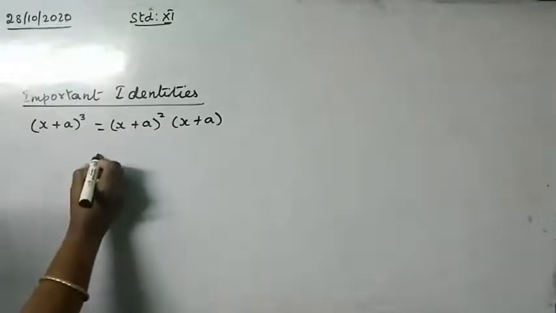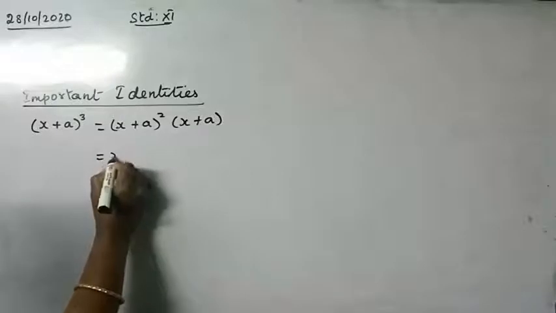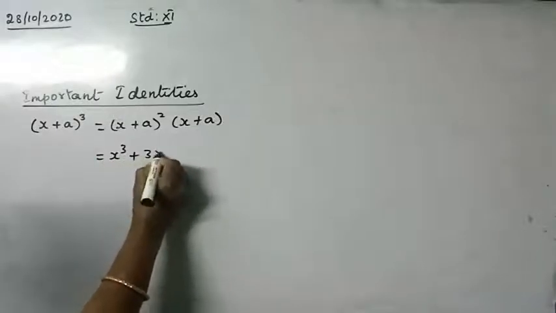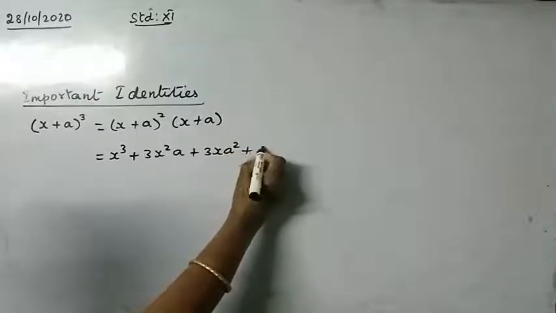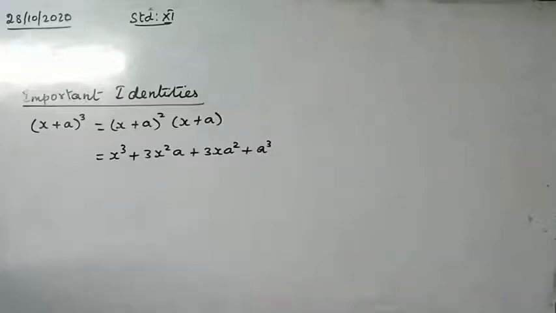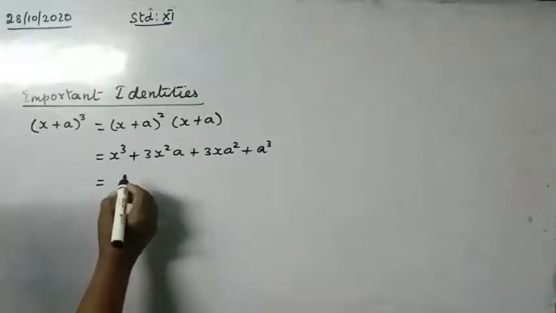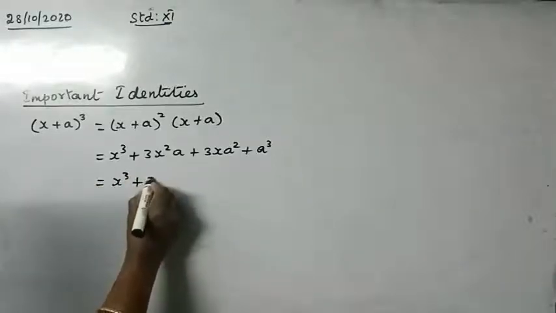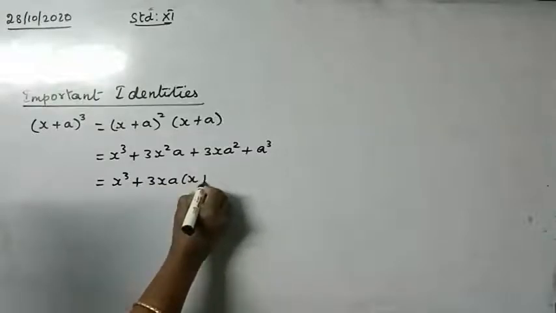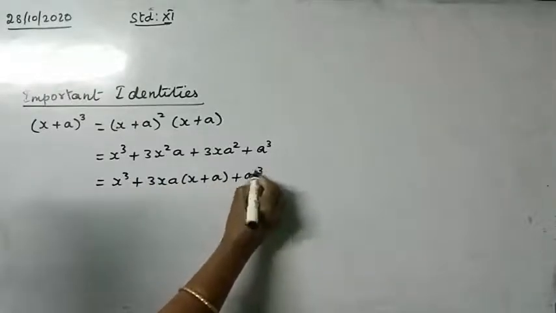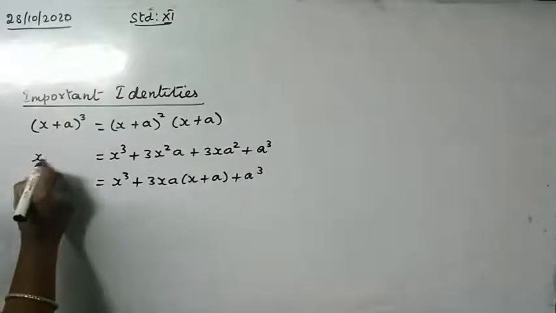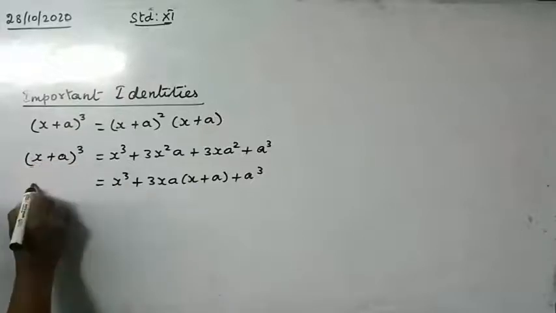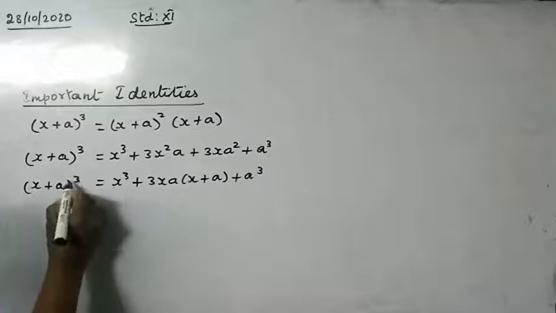And this otherwise can be written as x cube plus 3x square a plus 3x a square plus a cube. So we can write the identity like this, or we can write the identity as x cube plus 3xa into x plus a, plus a cube. So anyway we can split this identity and we can write like this. So x plus a to the whole cube can be written like this.